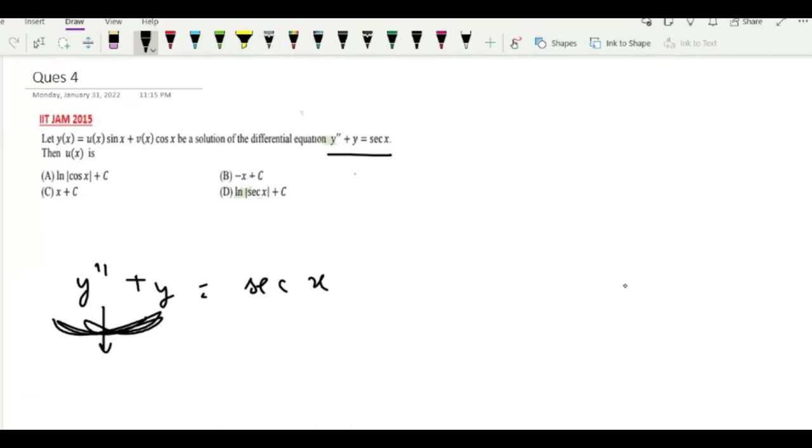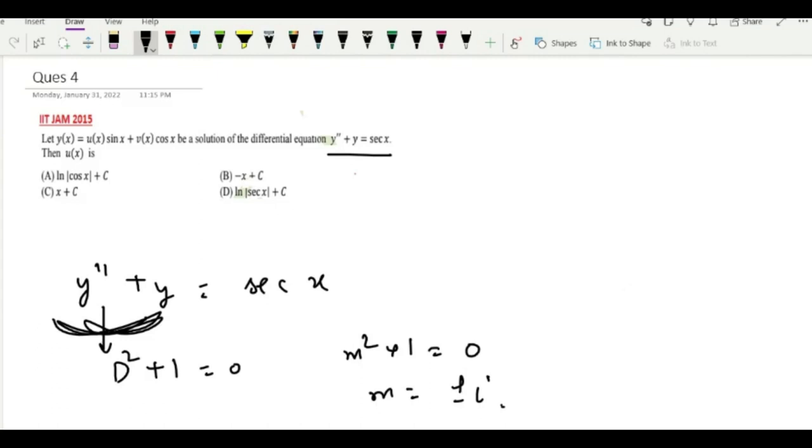and from here we get D square plus 1, and the auxiliary equation is m square plus 1 is equal to 0, which gives plus minus iota, a complex pair of roots, and in this case we have c1 cos x plus c2 sin x as the CF.